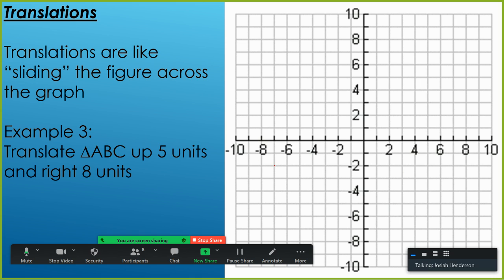So I'm going to draw in a triangle ABC. And I'm going to label its points. A is at -9, -4. B is at -7, -2, and then C is at -6, -4.